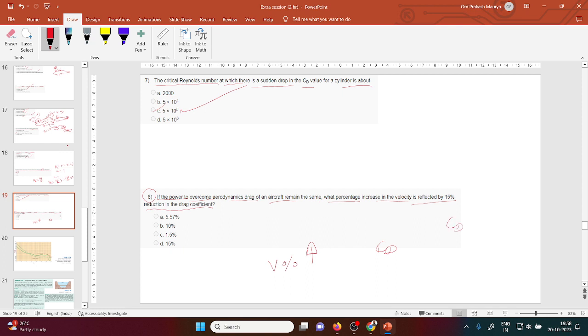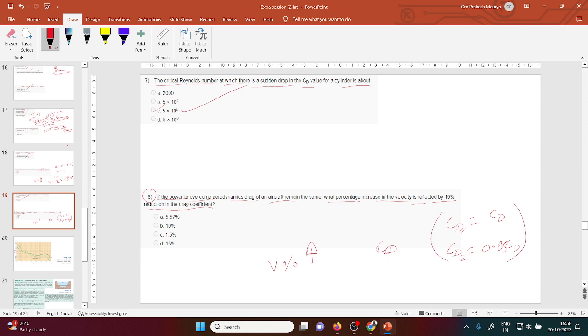Let's suppose your previous drag coefficient was CD1, equal to CD. After the 15% reduction in the drag, it is 0.85 CD, that is CD2, right?